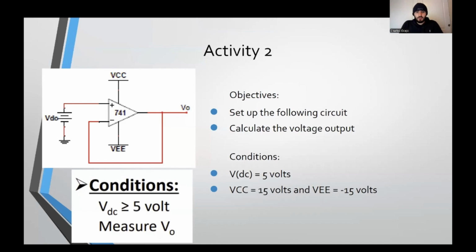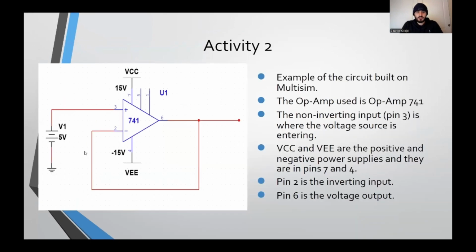In activity 2, we were tasked with building the following circuit under a set of conditions and calculating the voltage output. The conditions we chose were VDC equal to 5 volts, VCC equal to 15 volts, and VEE equal to negative 15 volts. This is an example of the circuit built on Multisim, and the operational amplifier is op-amp 741.